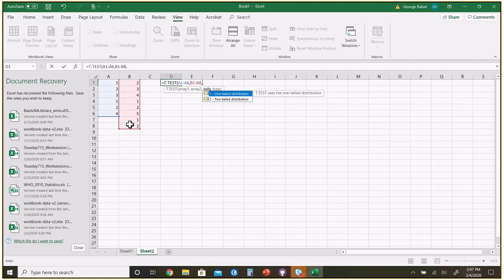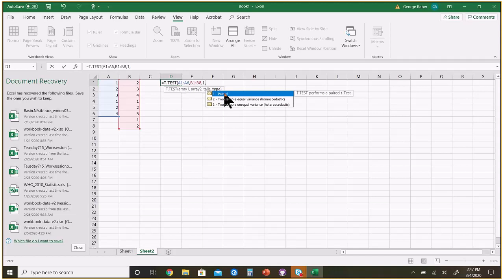We do have the option in Excel to specify whether it's a one-tailed or a two-tailed distribution, and you'll see all it does is take that p-value and double it for you. So for now, let's just do one-tailed, and I'll show you how it changes.